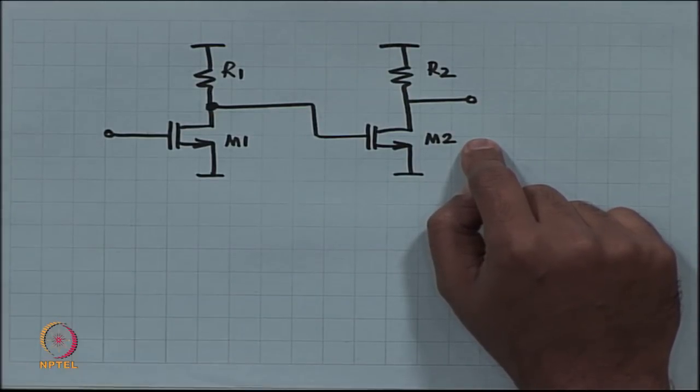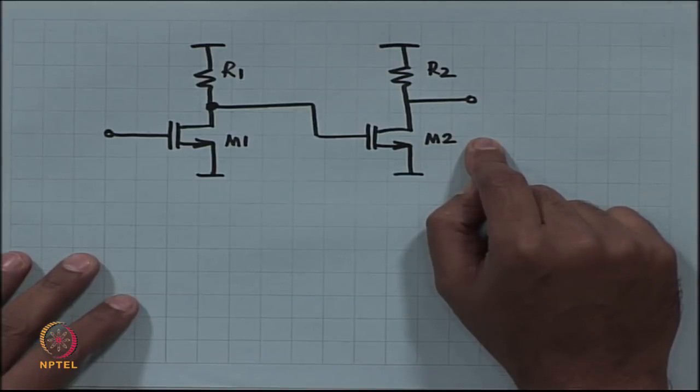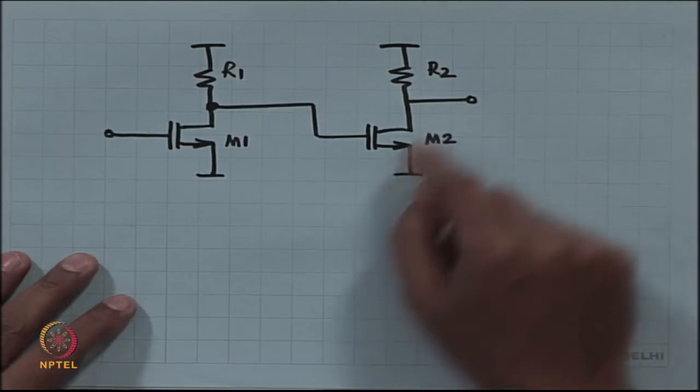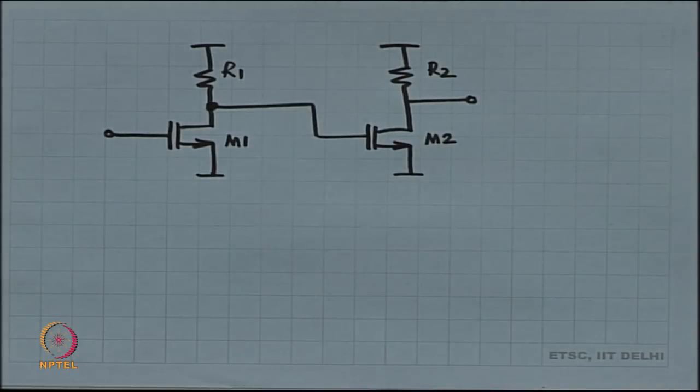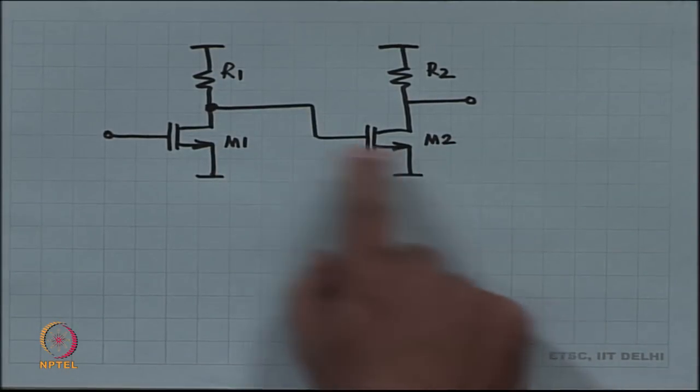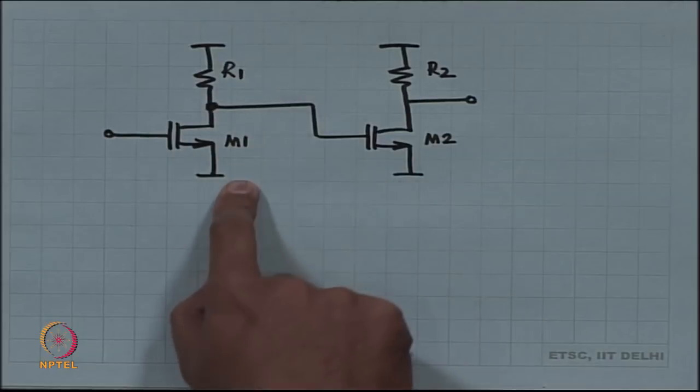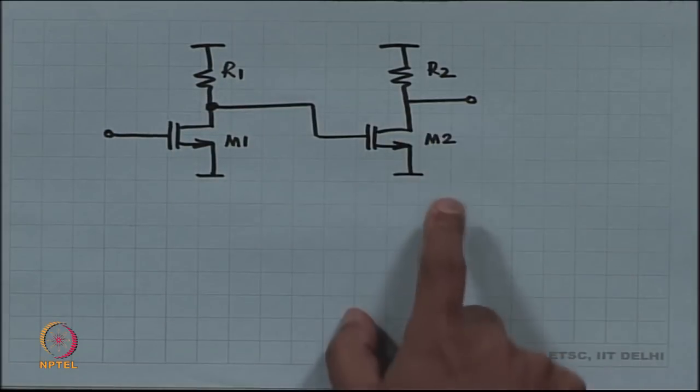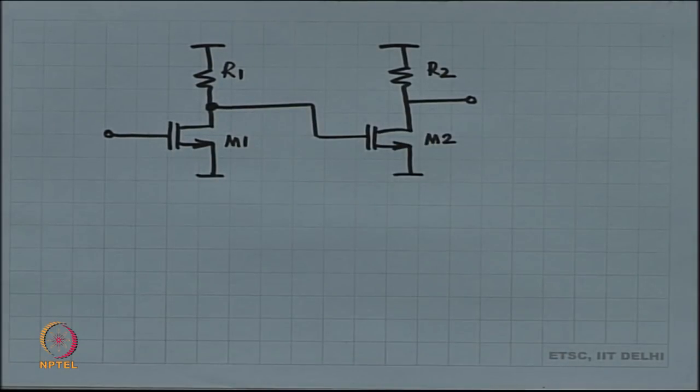So, it looks very straightforward. Overall you will have a gain of GM1 times GM2 times R1 in parallel with RDS1 and R2 in parallel with RDS2.